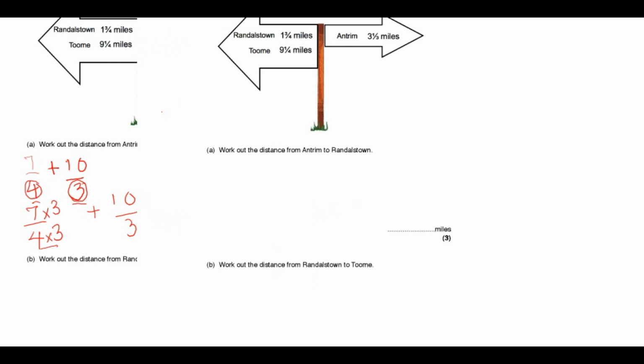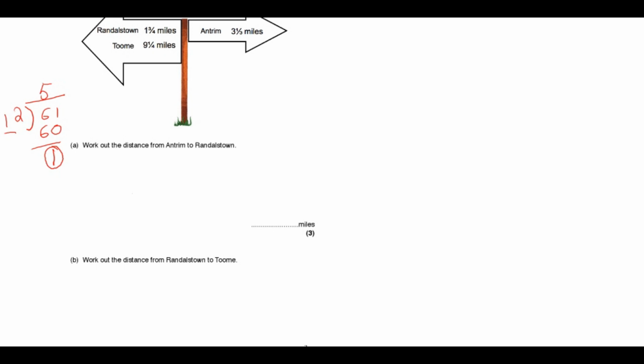Okay, the number was 61 and 12. So 12 times 5 is 60. All right, and 1 is the remainder. Now change it into a mixed fraction. So the bottom number is 12 and the top number is 1 and the side one is 5. So 5 1/12 is your final answer.